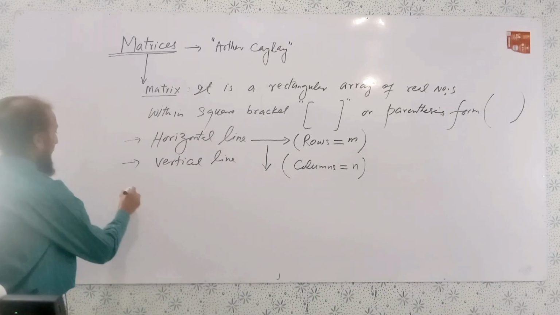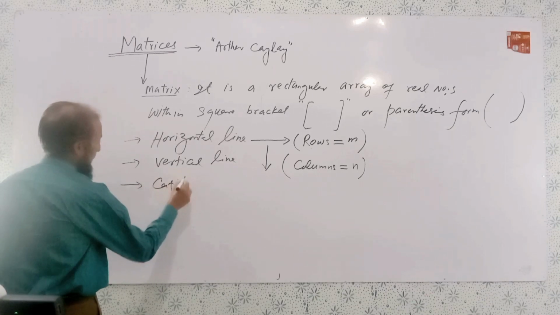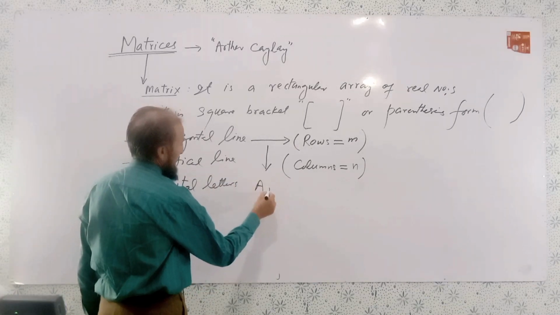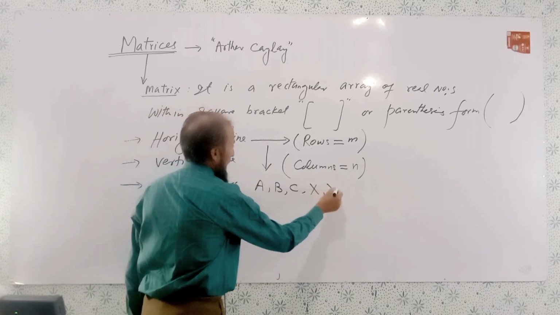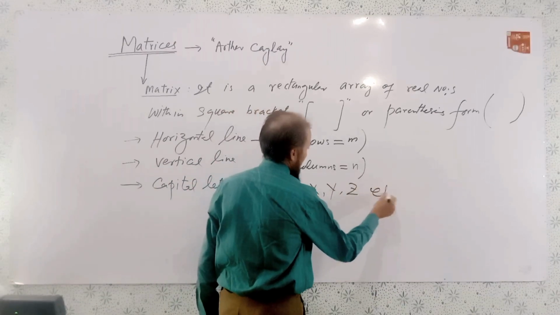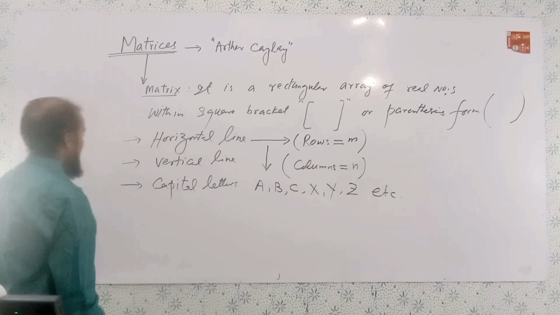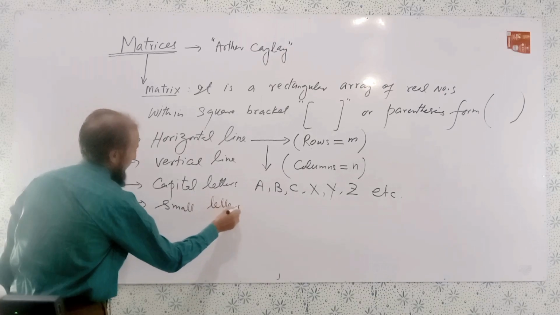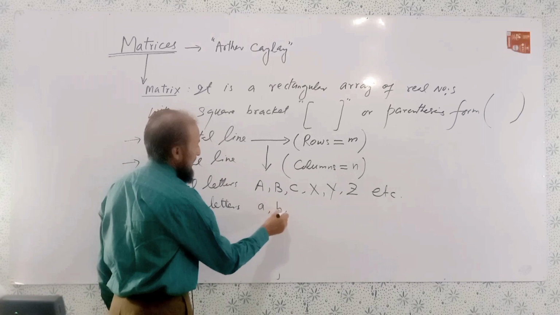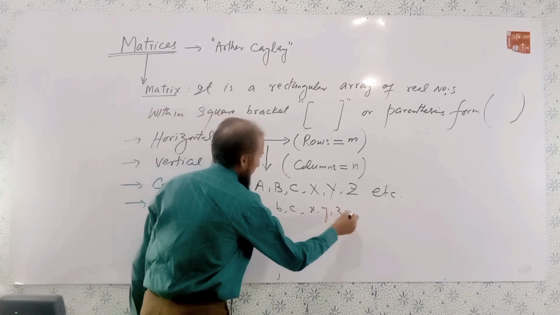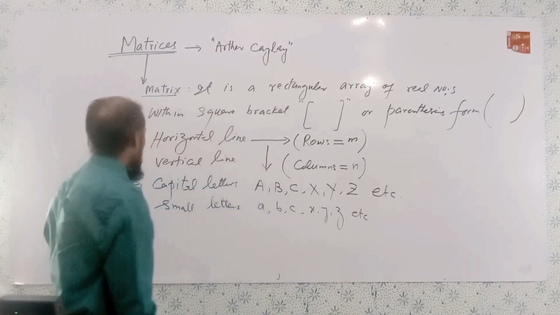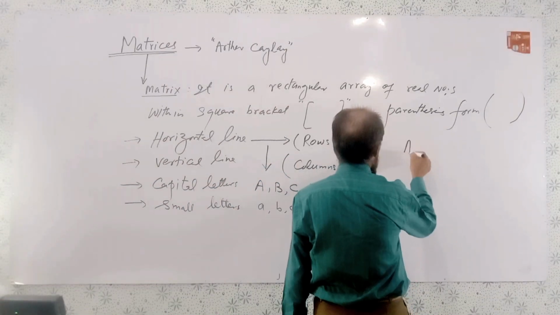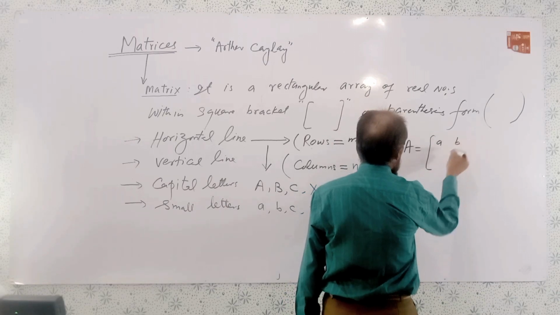It must be a capital letter, for example A, B, C, X, Y, Z, etc. And its elements are denoted by small letters, for example a, b, c, x, y, z, etc. If A is any matrix, we can write it in the form of letters a, b, c, d.